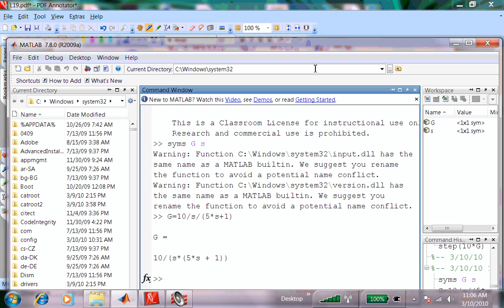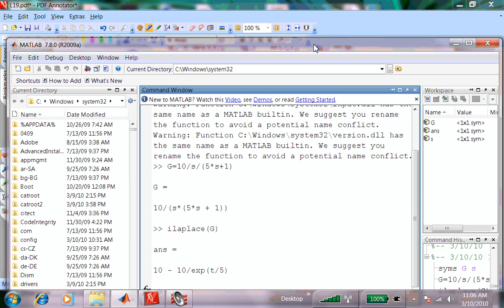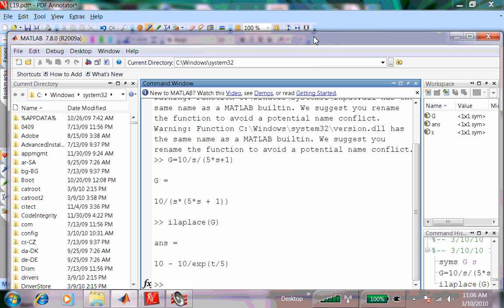If I want to get the result in the time domain, all I have to do is ilaplace G. So 10 minus 10 times e to the power minus t over 5.